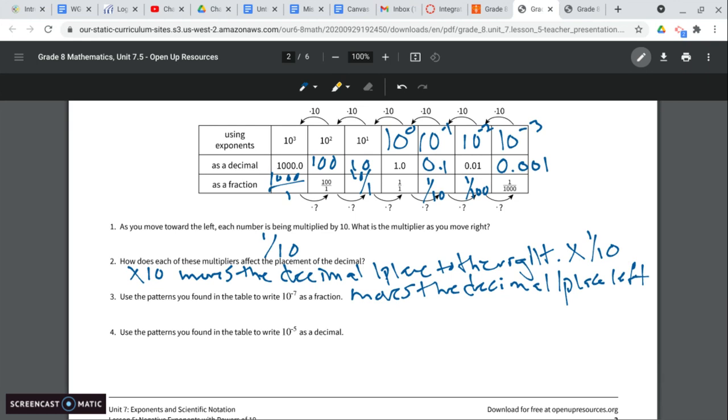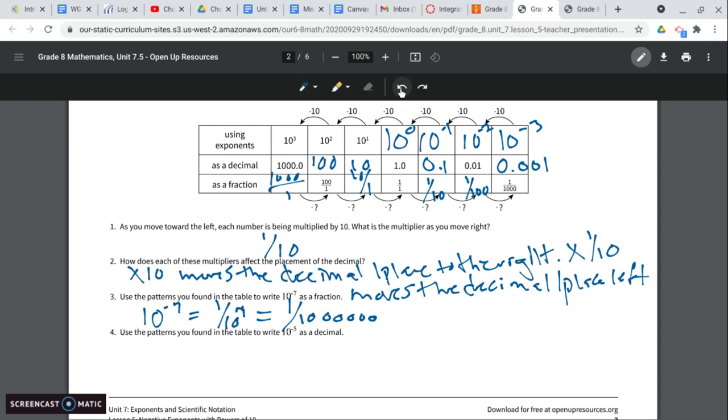Use patterns you found in the table to rewrite 10 to the negative 7th as a fraction. 10 to the negative 7th equals the same thing as 1 over 10 to the positive 7th, which would be 1 with 2, 3, 4, 5, 6, 7, oops, 1 too many zeros. 1, 2, 3, 4, 5, 6.